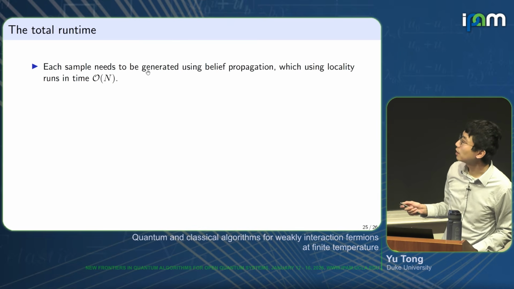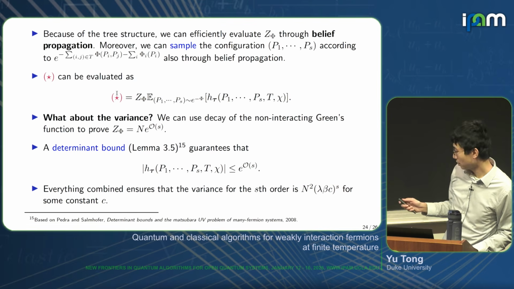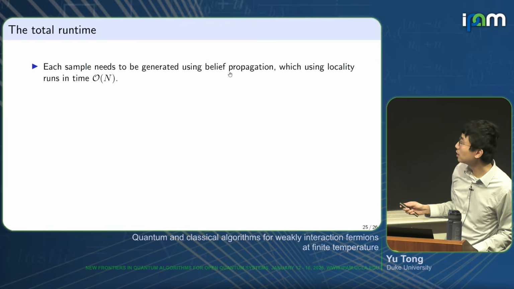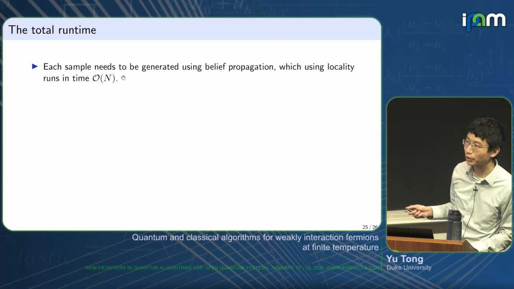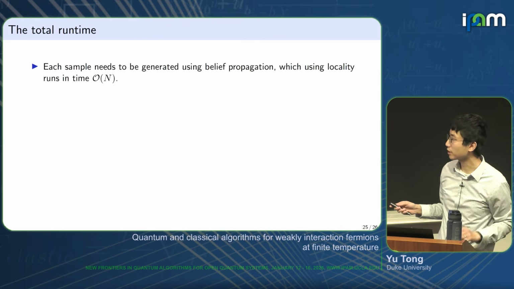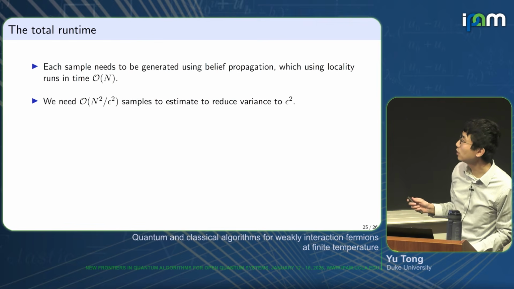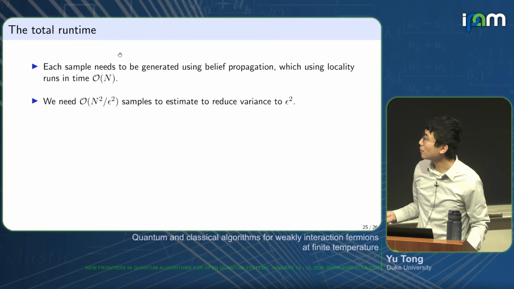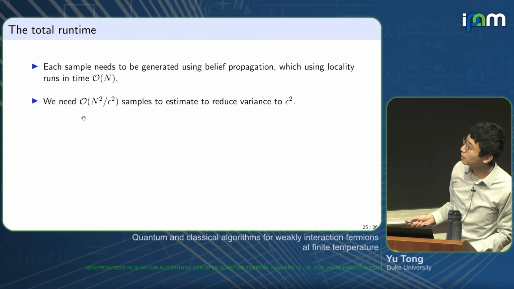We will do this sampling here, and then evaluate the average. Each sample is generated using belief propagation, which runs in time linear in n using locality. So you need the non-interacting Green's function to decay fast for this to be true. And then we had a variance that is n squared.